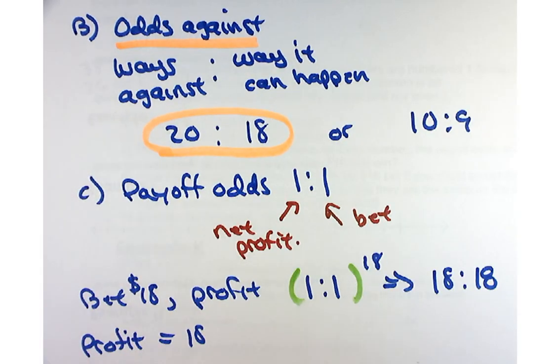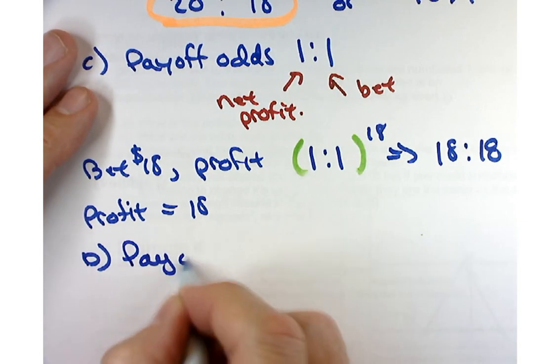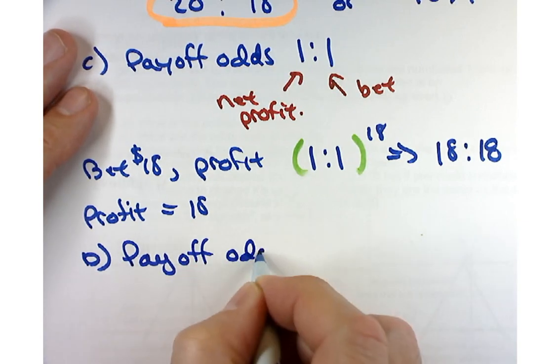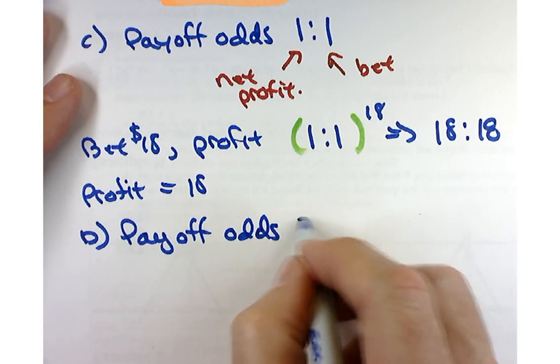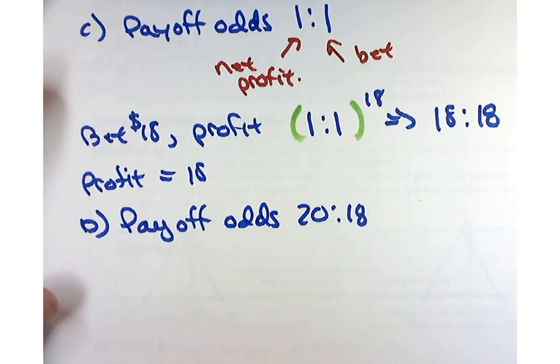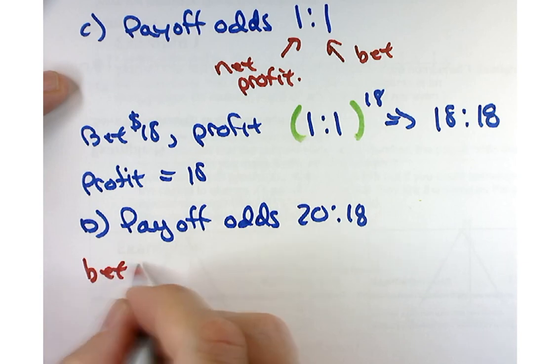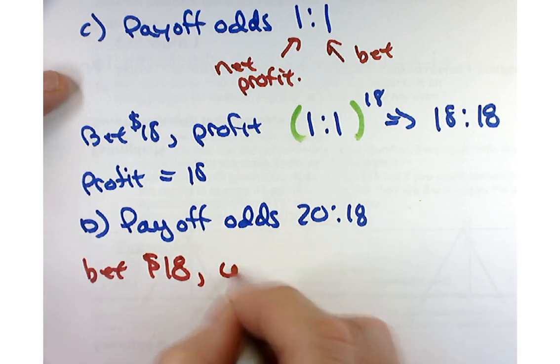So that's going to be our new payoff odds. Payoff odds are 20 to 18. So if we bet $18, how much should we win?